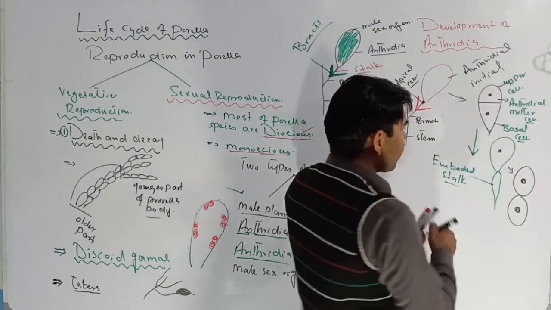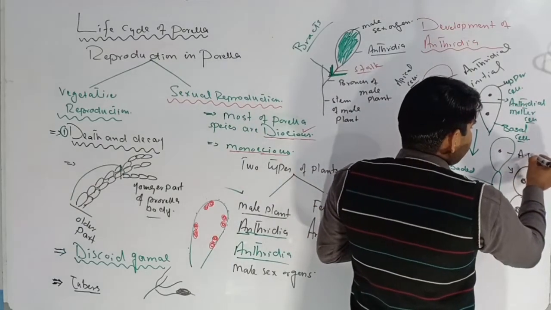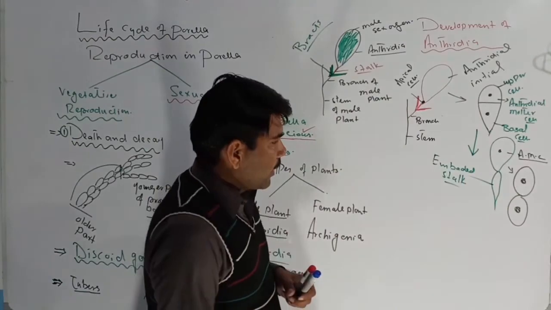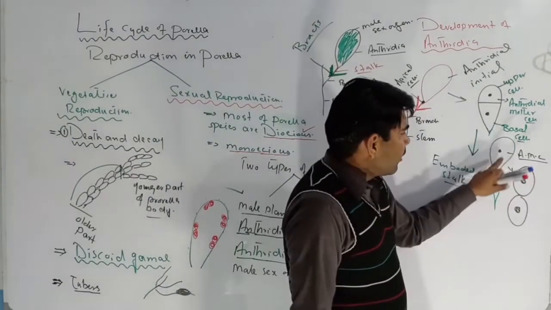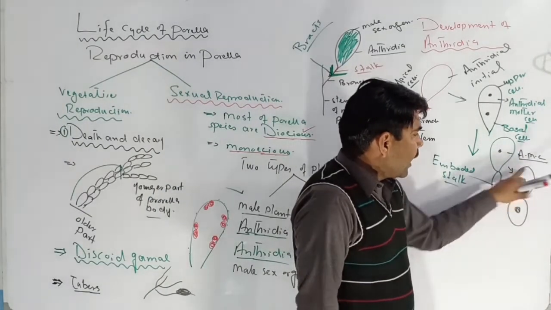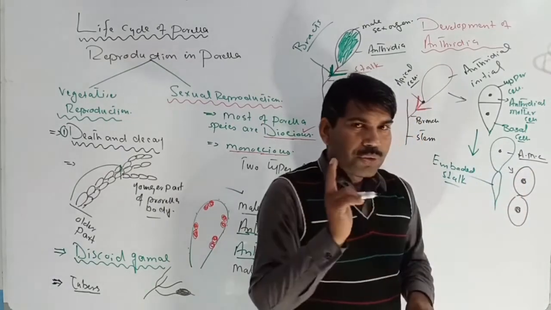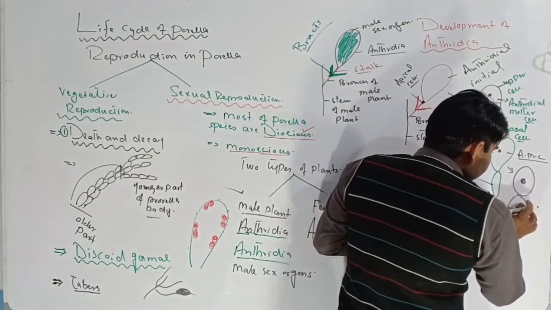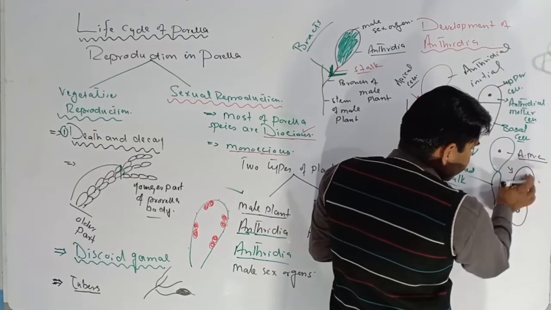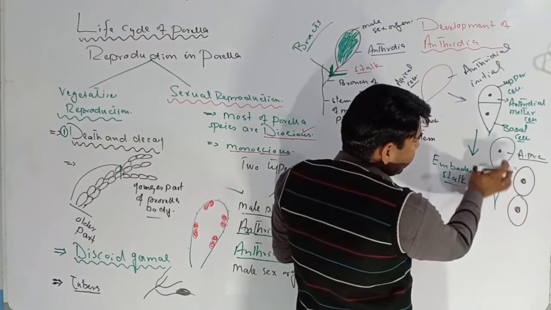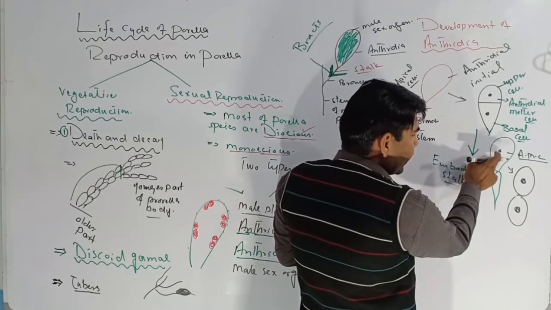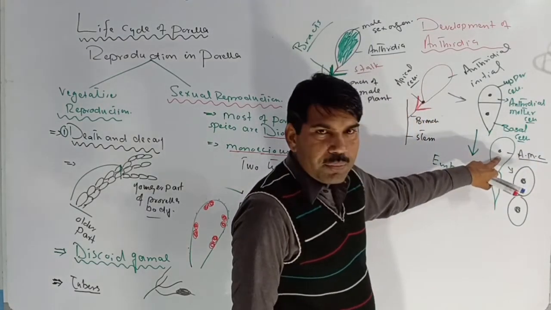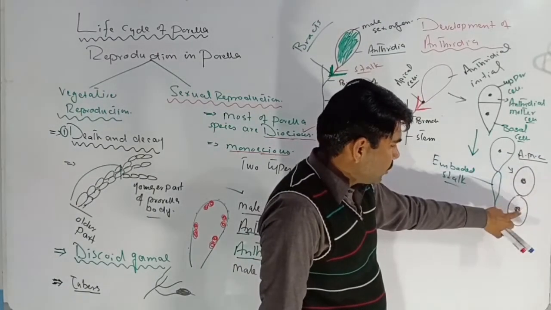So when this antheridial mother cell divides, it produces two cells, this is the upper cell and this is the lower cell. Both cells are produced by division of this cell, which is known as the antheridial mother cell.